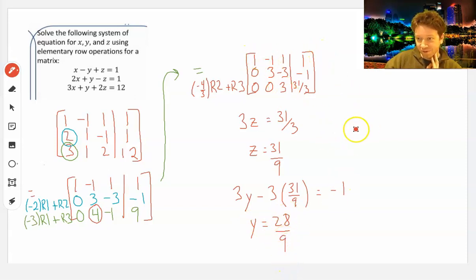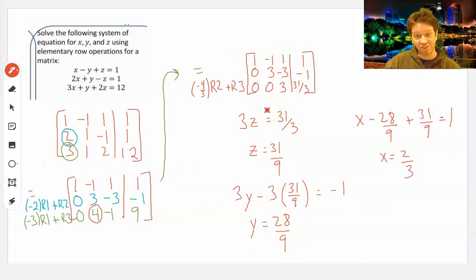And then your first row, which is x minus y, which is 28/9, plus z, which is 31/9, equals 1. And you can solve that for x, which is 2/3. All right, so messy solutions, because you got those fractions, but a very elegant, concise, efficient way of solving 3 equations for 3 unknowns.